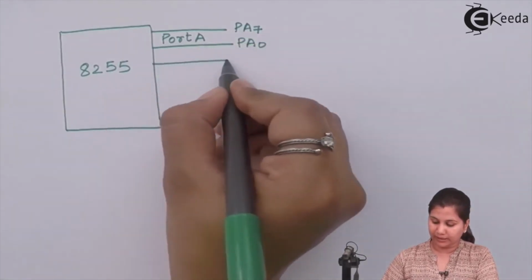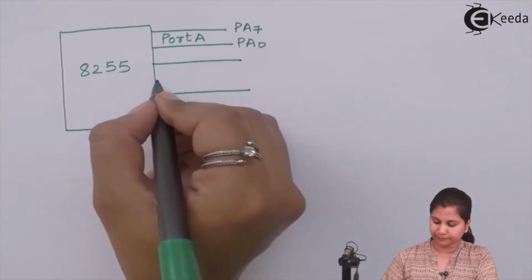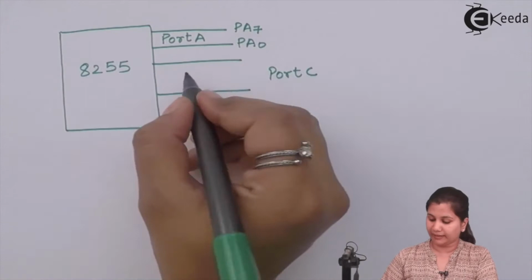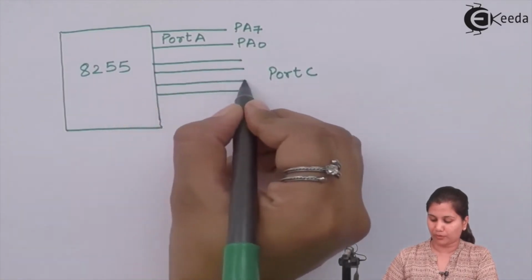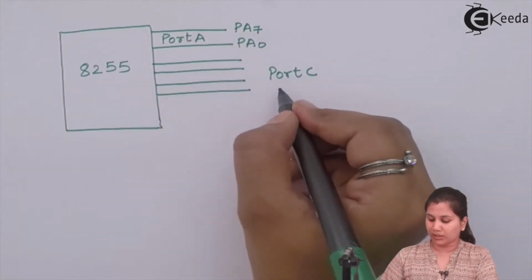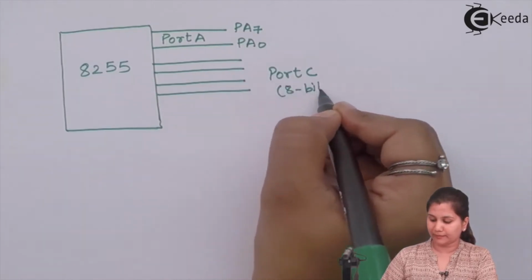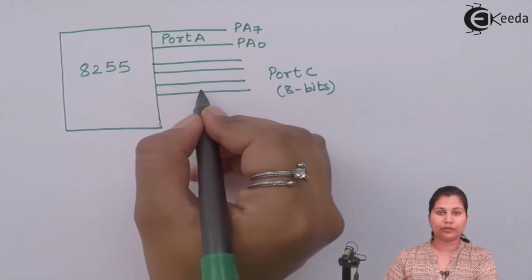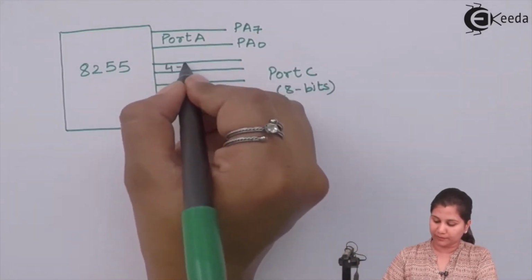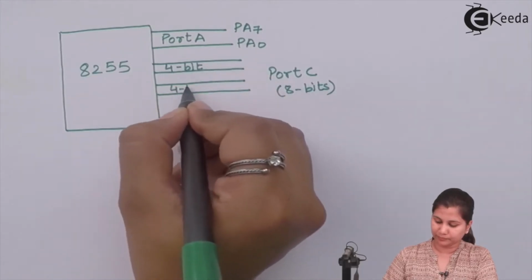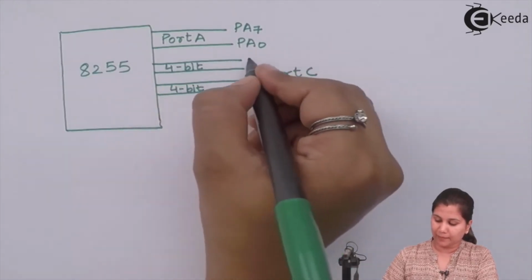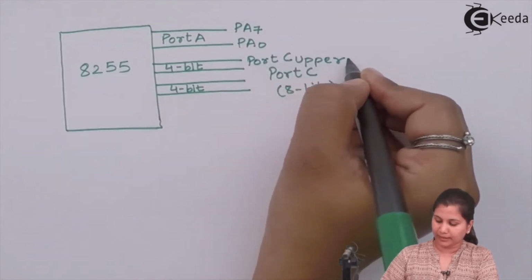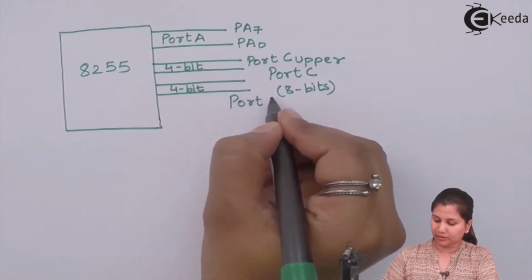Then we have port C. This port C is a total of 8 bits, and these 8 bits are divided into two 4-bit ports, which are known as port C upper and port C lower.